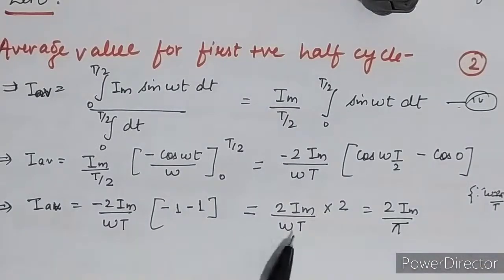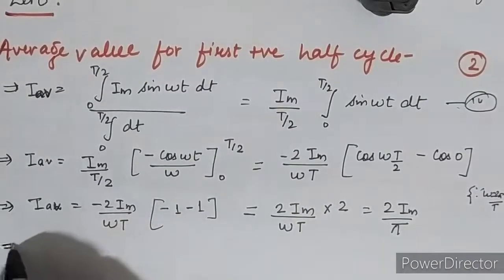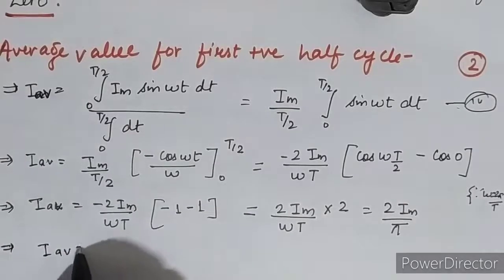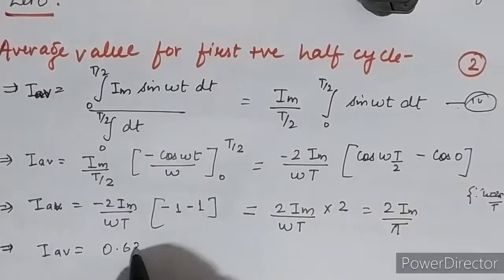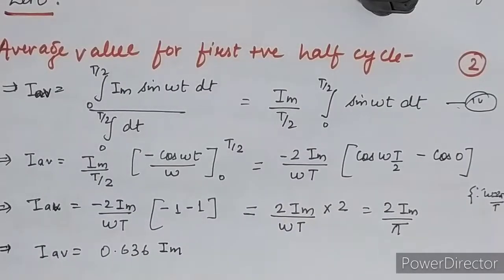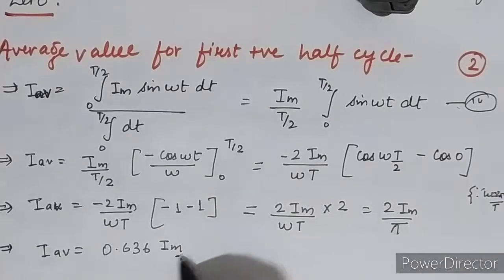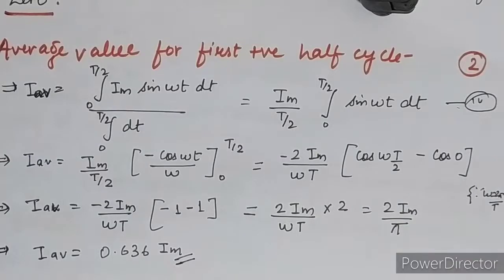Got it? I simply put the value of omega as 2 pi by T. When we solve this value, 2 upon pi is 0.636 Im. So this is the average value for the first positive half cycle.